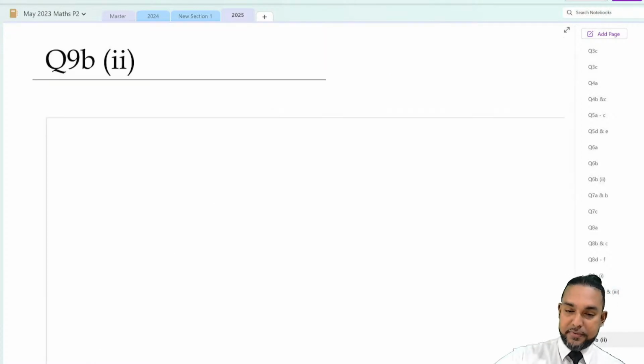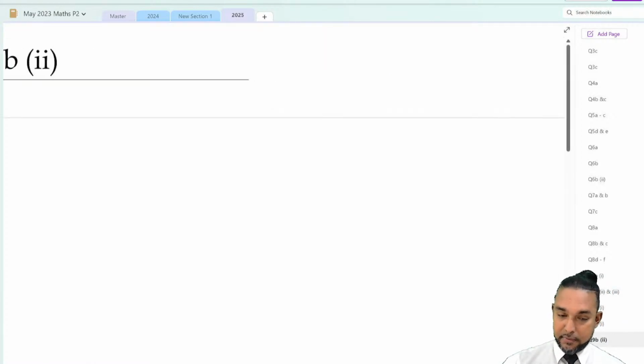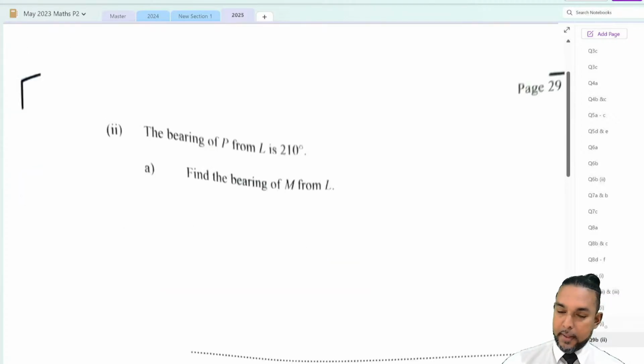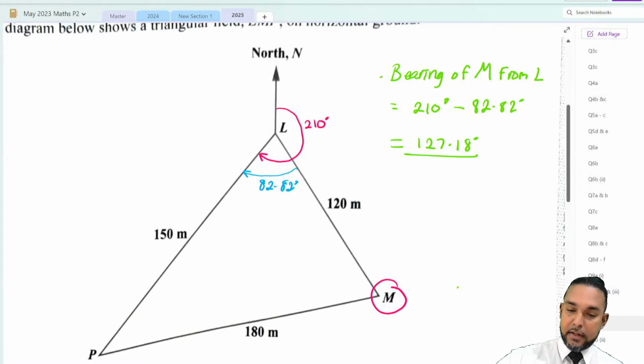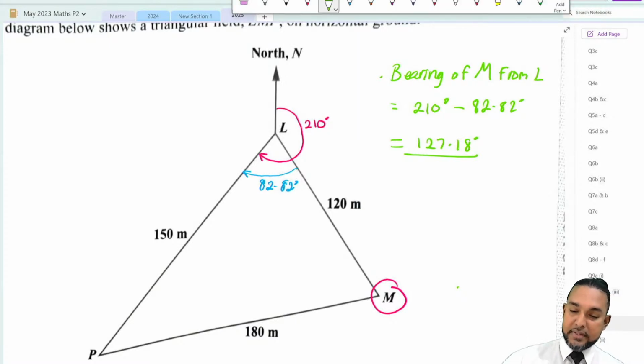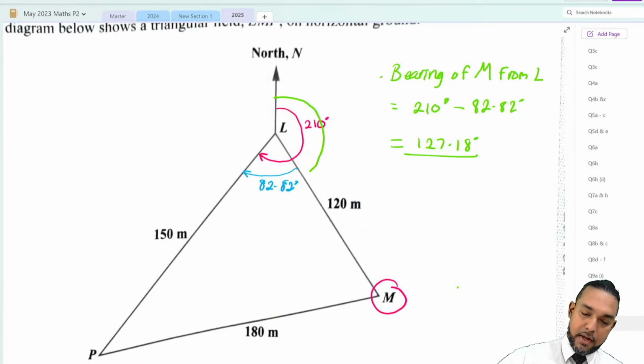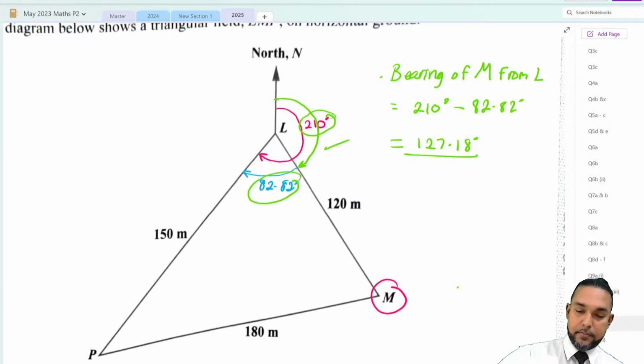What they want us to find is the bearing of M from L, which again is the clockwise angle between the north line at the start point and the line connecting the 2 points, which is this angle here. What you notice is that green plus blue gives the same as the pink angle. So if you take the pink angle and minus the blue, you get the green.